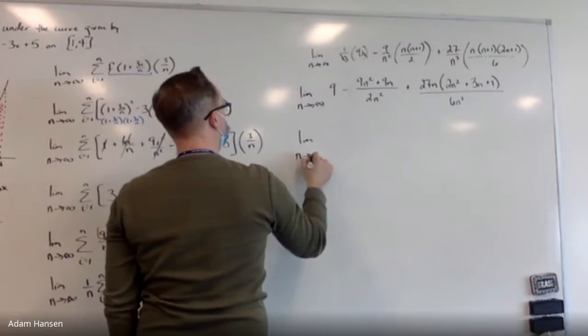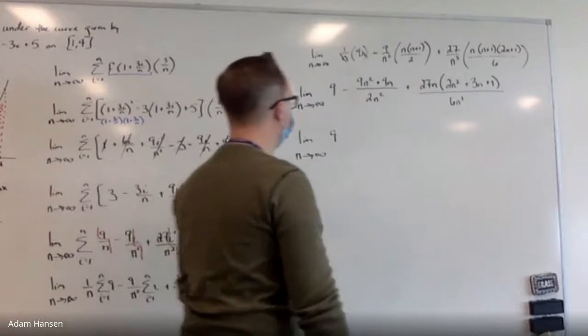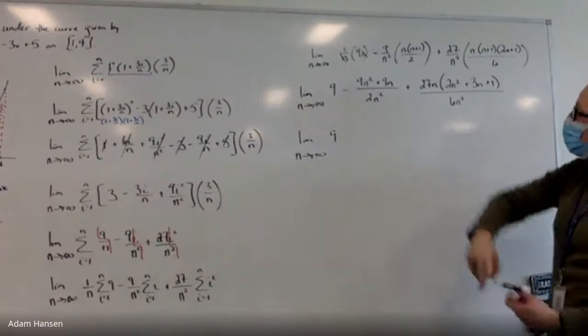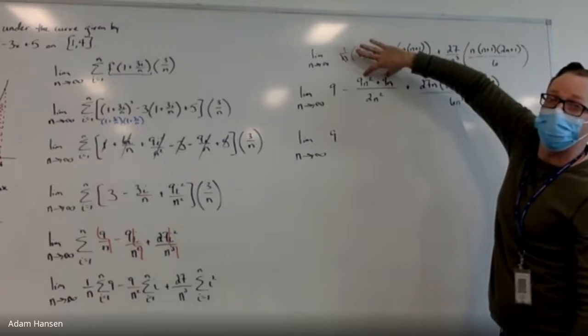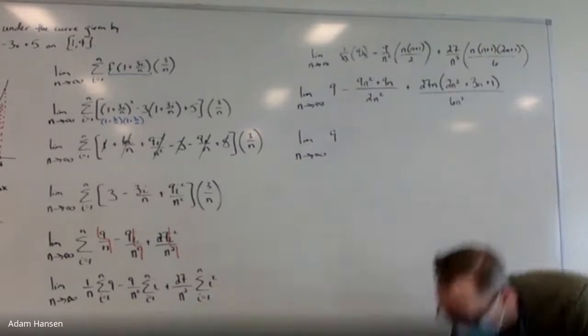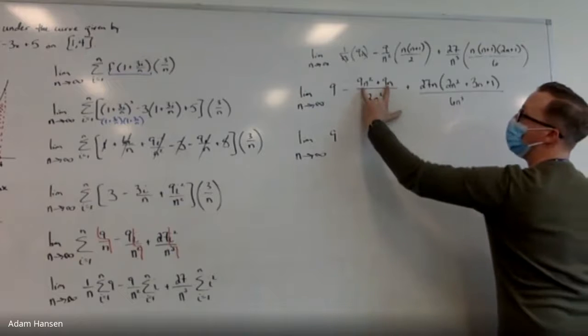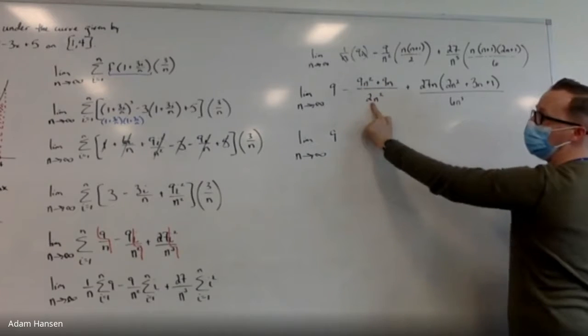Let's see what we can do next here. Bring down the 9. Each of these two terms, 9n squared and 9n, are both being divided by what factor? So let's just separate them.